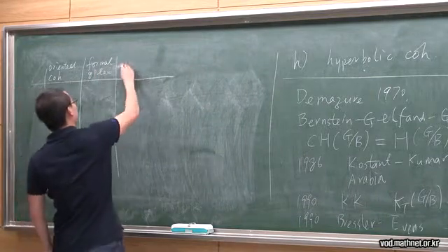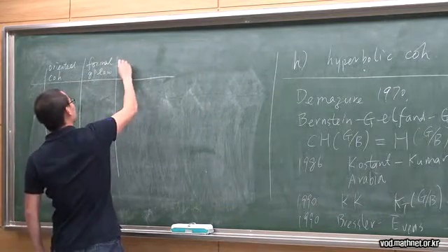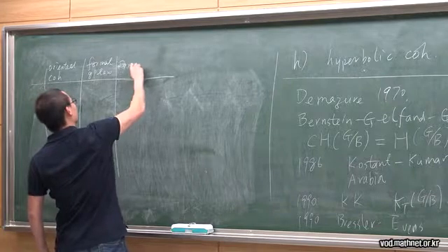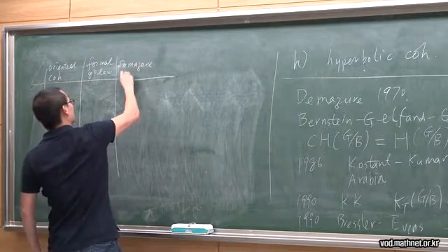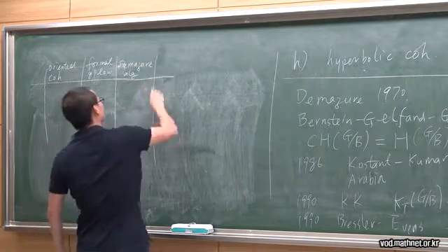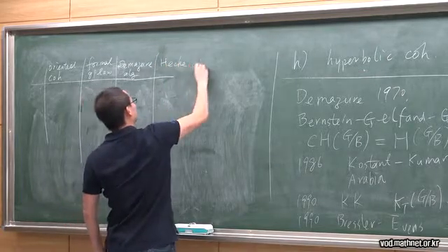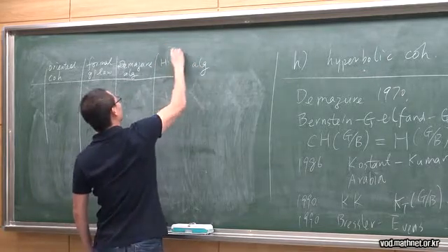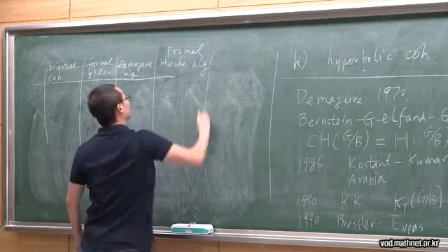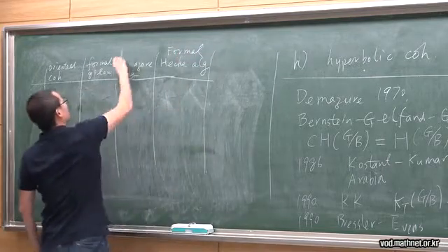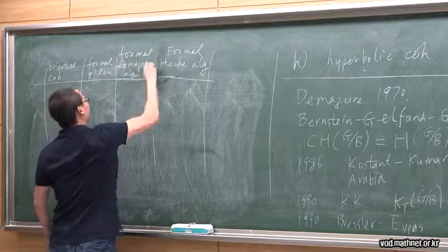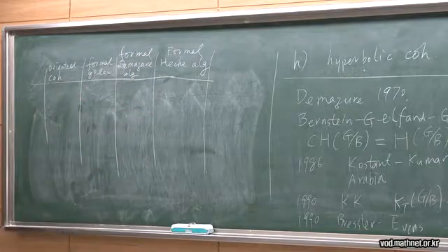And then you can consider the associated Hecke algebra. Of course, here formal comes from the formal group law.